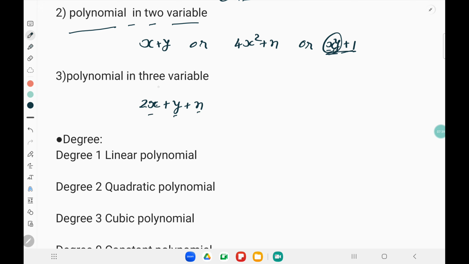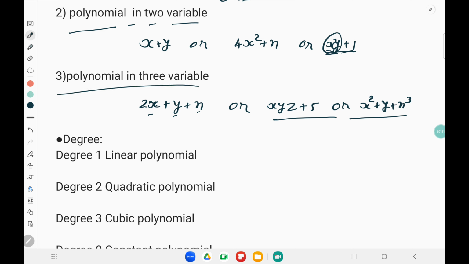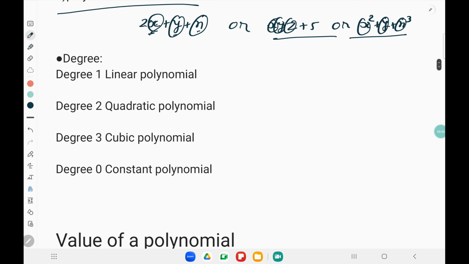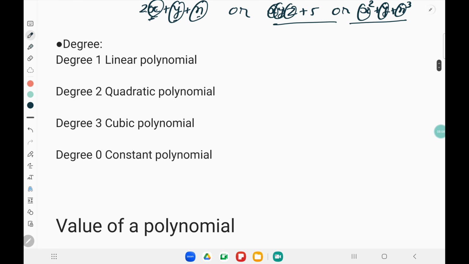That's why we call it a polynomial in three variables. Even I could write x, y, z plus 5, or x square plus y plus n cube. That is also a polynomial in three variables. So when we talk about the variable, we count how many different letters we use in that polynomial. That is what matters.